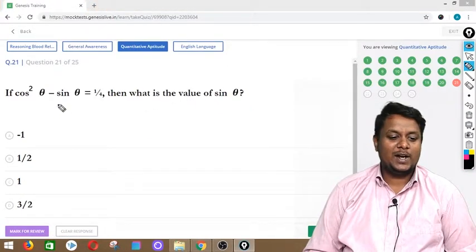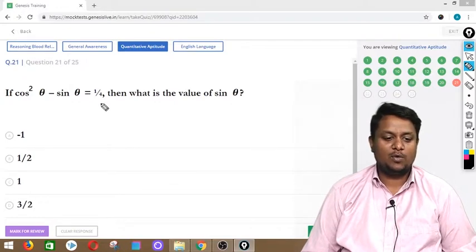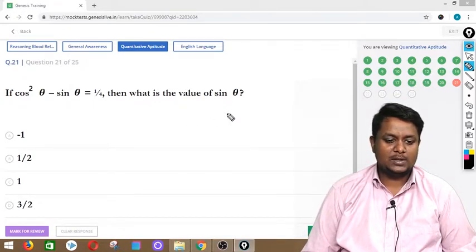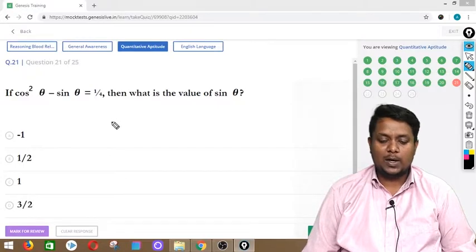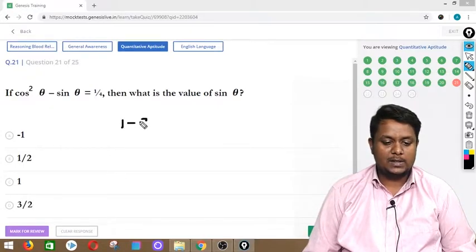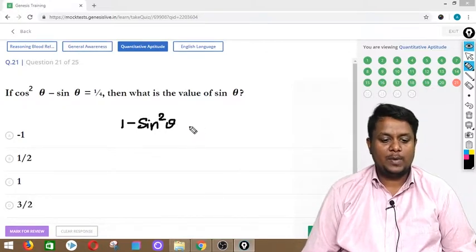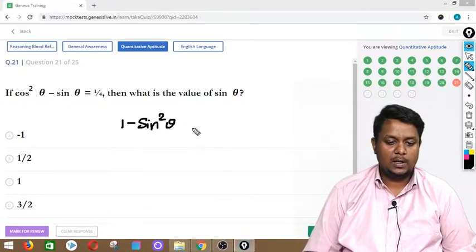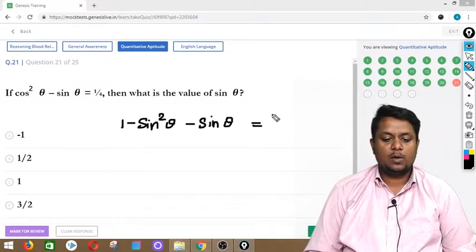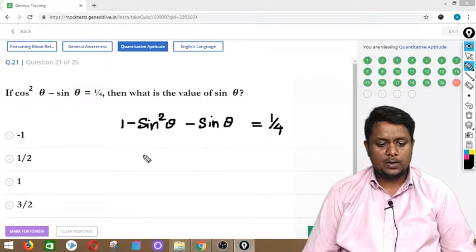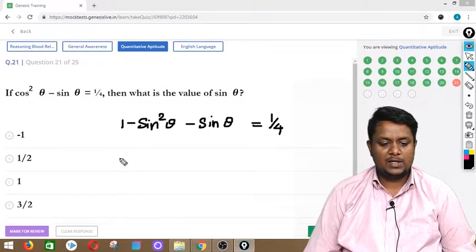If cos square theta minus sin theta is equal to 1 by 4, then what is the value of sin theta? We know that cos square theta is 1 minus sin square theta. So we can substitute 1 minus sin square theta in place of cos square theta, minus sin theta, which is equal to 1 by 4. Now let us reverse the sign of each value.